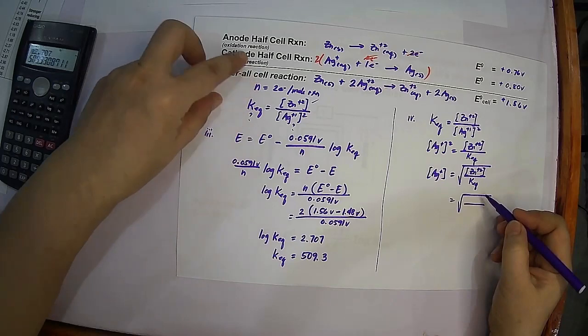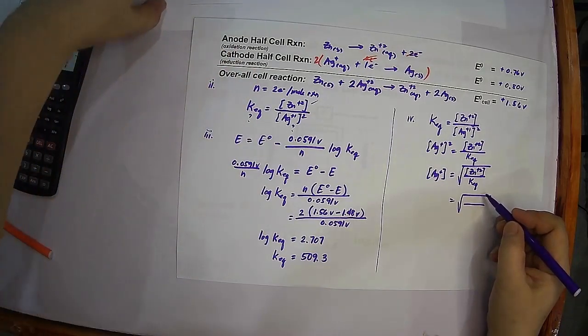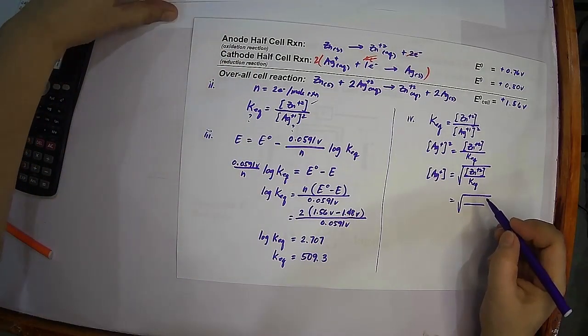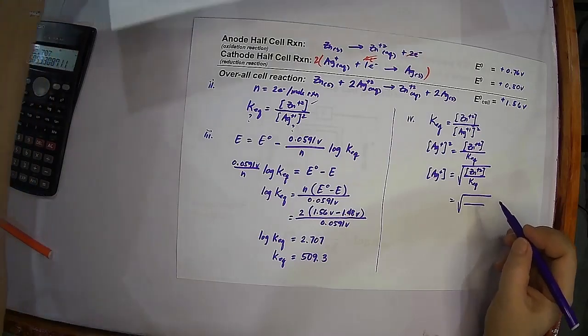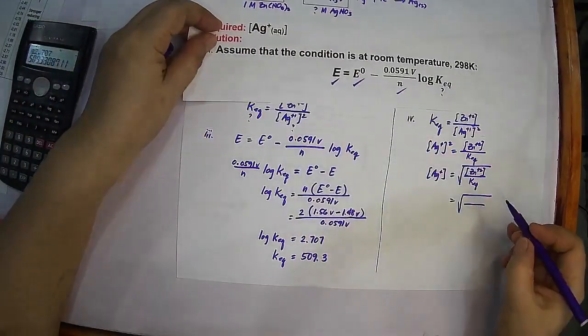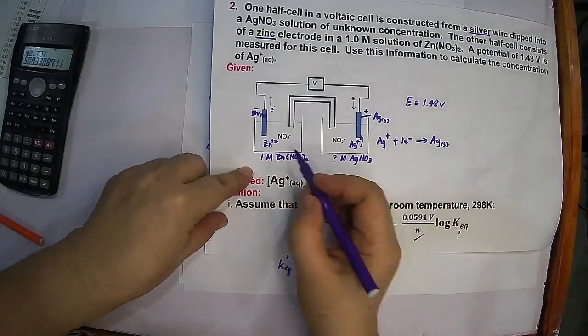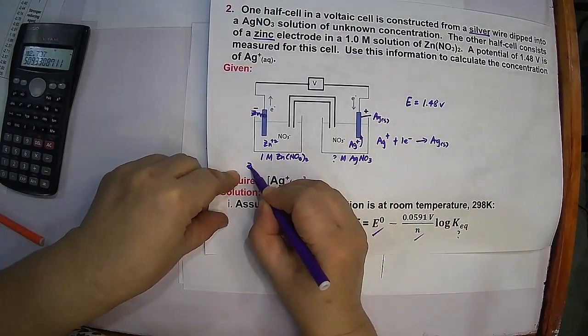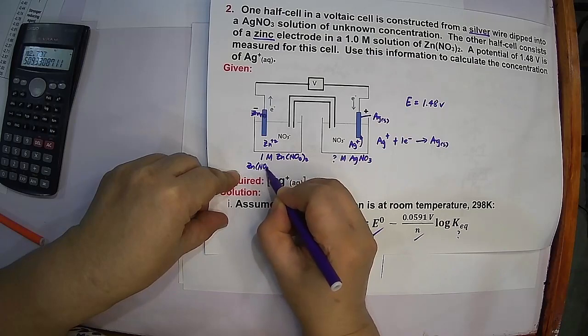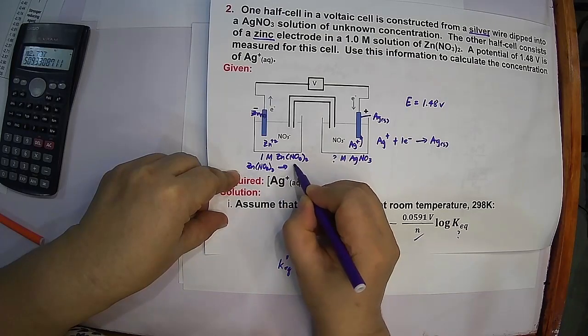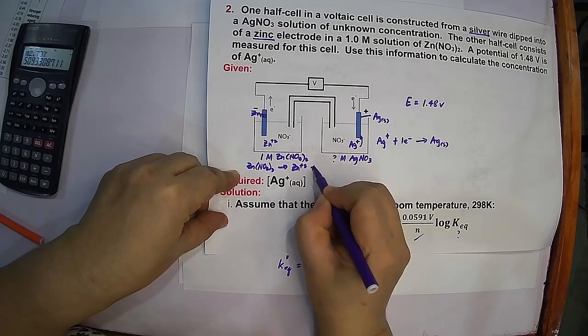The given concentration of the zinc nitrate here is 1. How do we determine the zinc ion? The zinc nitrate will dissociate to zinc ion and the nitrate ion.